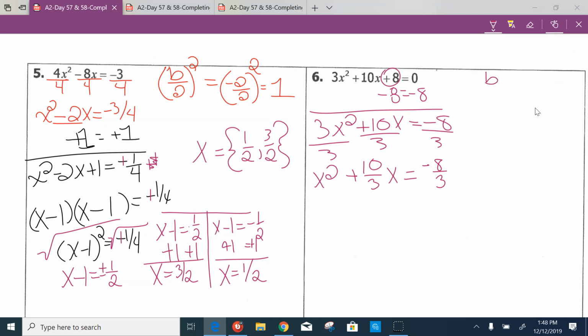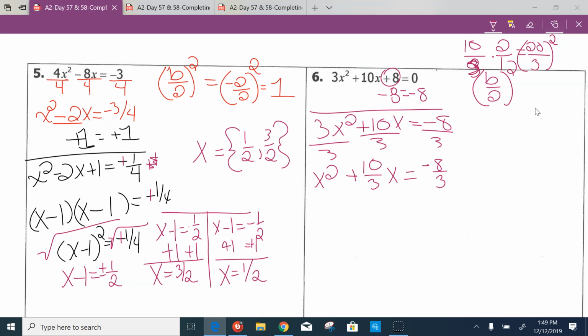So now I need to do the b divided by 2 squared. Well, b is 10/3. 10/3 divided by 2 means I'm multiplying times the reciprocal. That gives me 20/3. I'm going to square that. And when I square, 20/3 is getting kind of messy here.